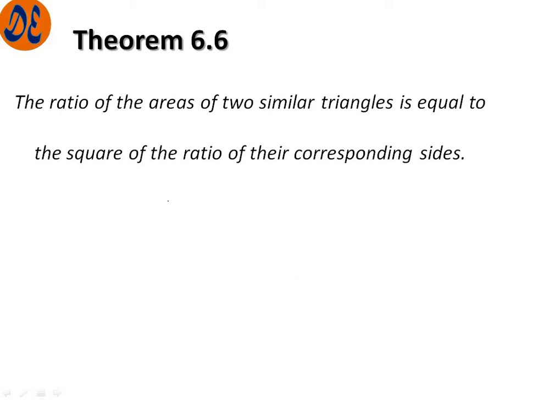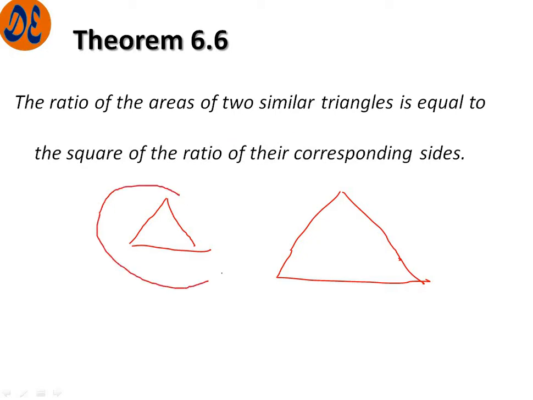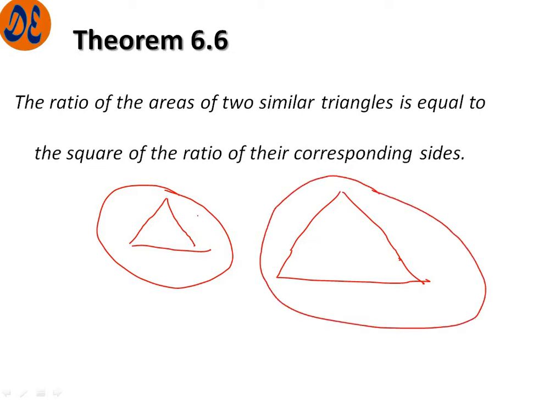That means if you have two triangles, not just any two triangles, but both the triangles are similar, then the area of triangle number 1 divided by the area of triangle number 2 is equal to the square of the ratio of corresponding sides.